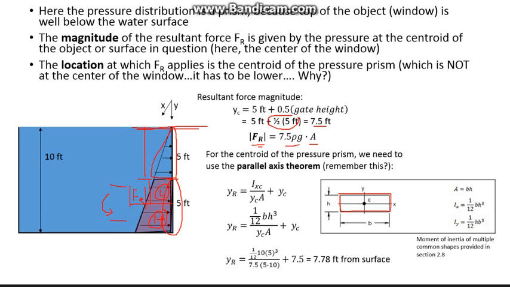In section 2.8 under the shapes, or if we remember from statics, this is a rather simple moment of inertia expression, 1/12 b h cubed. We plug these in and we get a depth of 7.78. So as we said, it's a little bit below the centroid of this gate because there's more pressure below than above it.